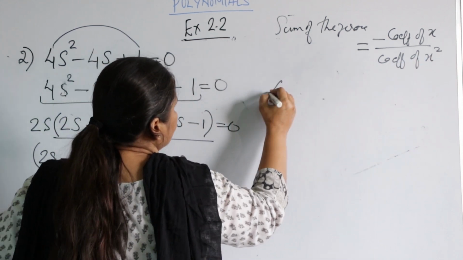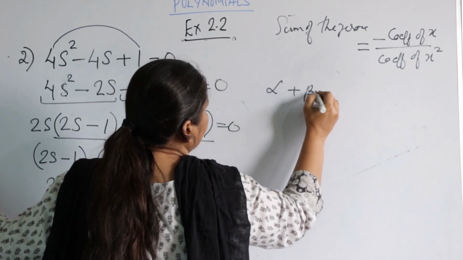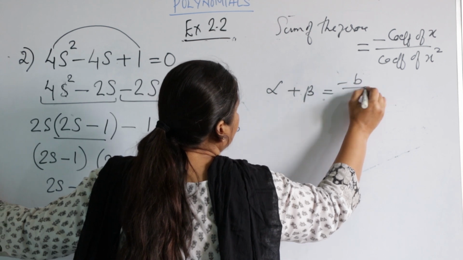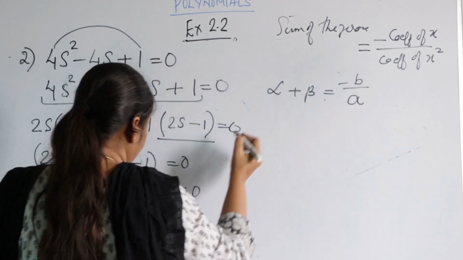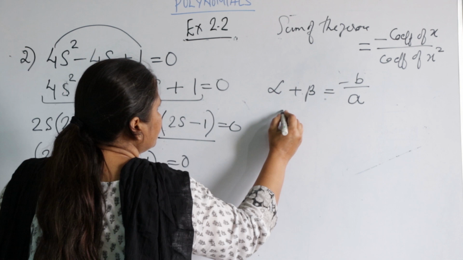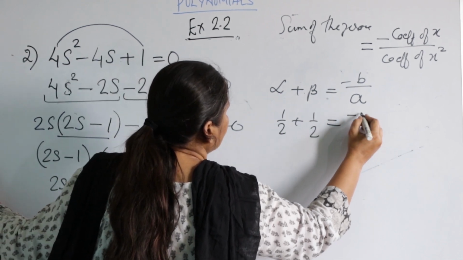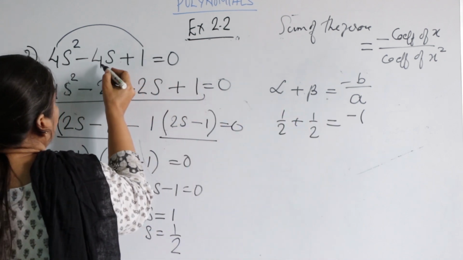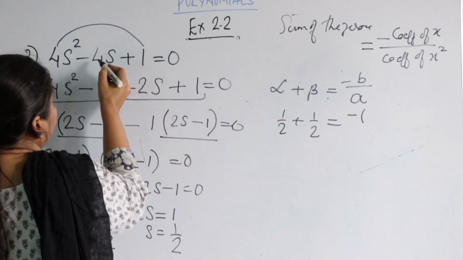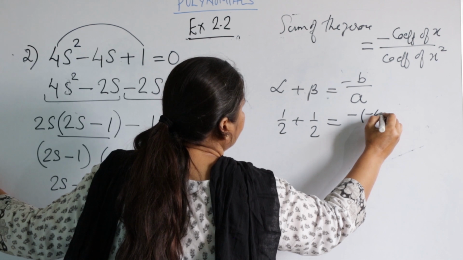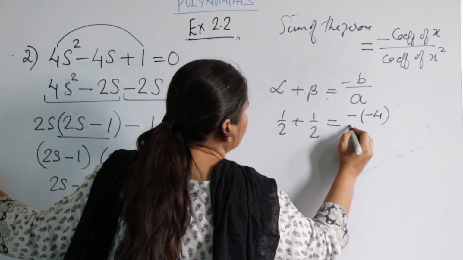What is sum? Alpha plus beta, minus b by a. What is alpha and beta? Both are same. Half plus half is equal to minus, what is our b? Minus 4. Minus 4. You should observe here.